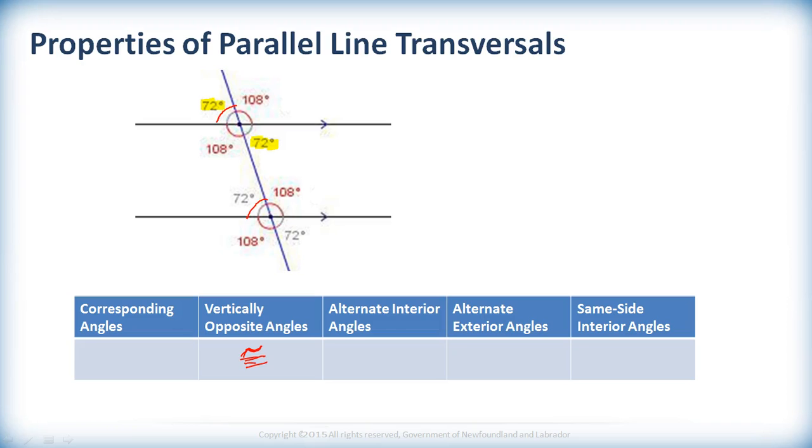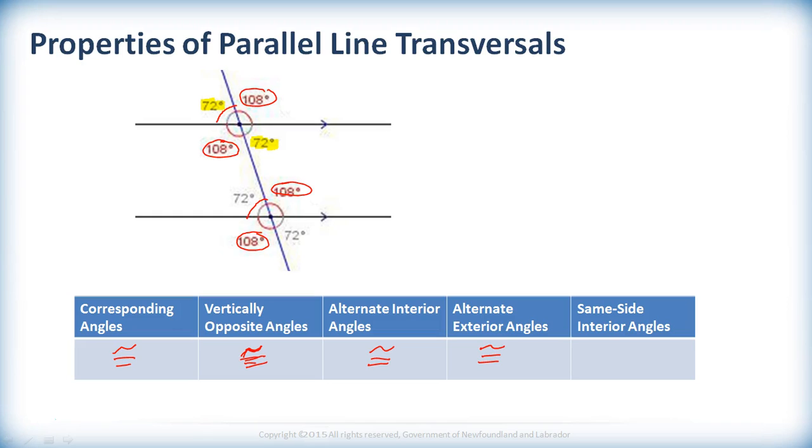And those are also congruent. Alternate interior angles, like this 108 degrees here, so I have to jump over the transversal but stay interior. Alternate interior angles are also congruent. Alternate exterior angles, like this 108 here, jump across the transversal, stay exterior, like this one, those are also congruent.